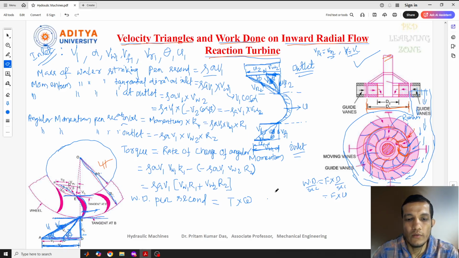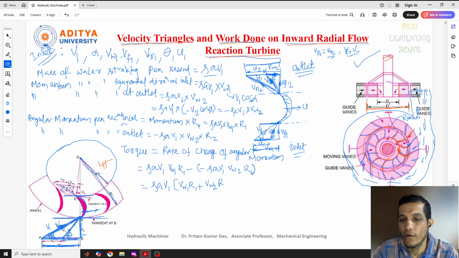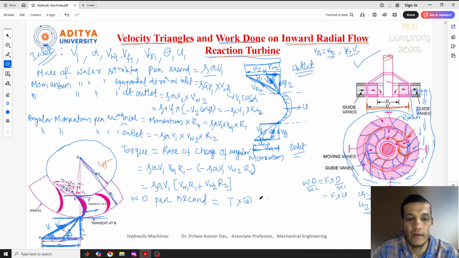So we can write u1 equal to the peripheral velocity, which we used to calculate as omega r1. Similarly, u2 equal to omega r2, angular velocity into the radius, where r2 is the outlet and r1 is the inlet.